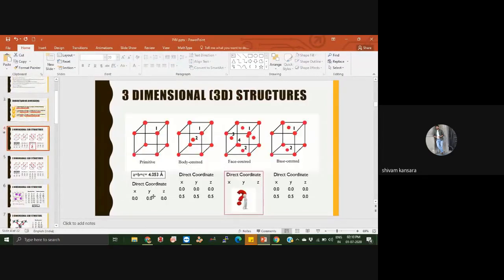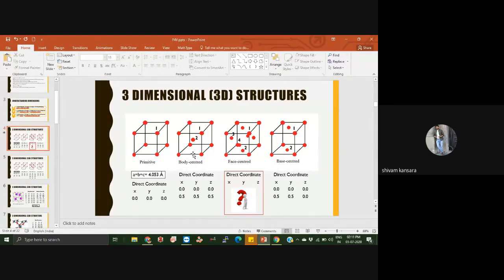So this is the simple cubic structure, and the second one is the body centered cubic, BCC. In the simple cubic, we have seen that there are a total of eight atoms in the picture, but we need only one atom because 1/8 part is shared with another nearby atom. So in the second system, there are a total of eight atoms in the corners and a single atom in the middle of the body.